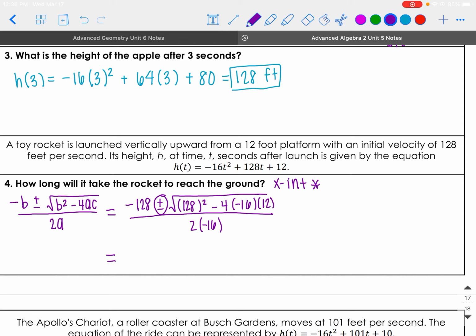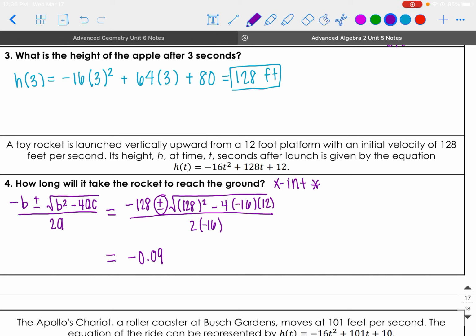Don't try to do any of that in your head. Don't try to do piece by piece. And it's okay for a decimal, you do it all in one big step. And the first time I did it with a plus, I got negative 0.09.